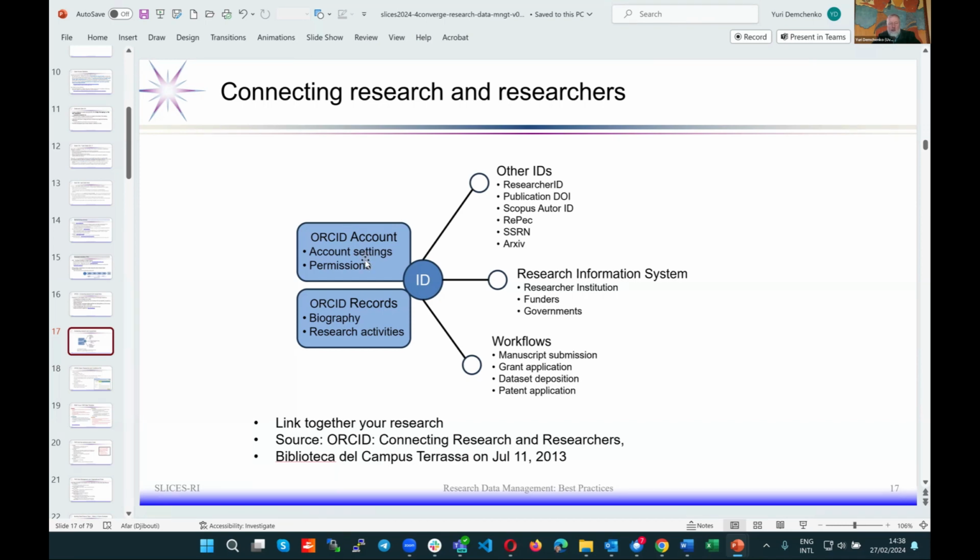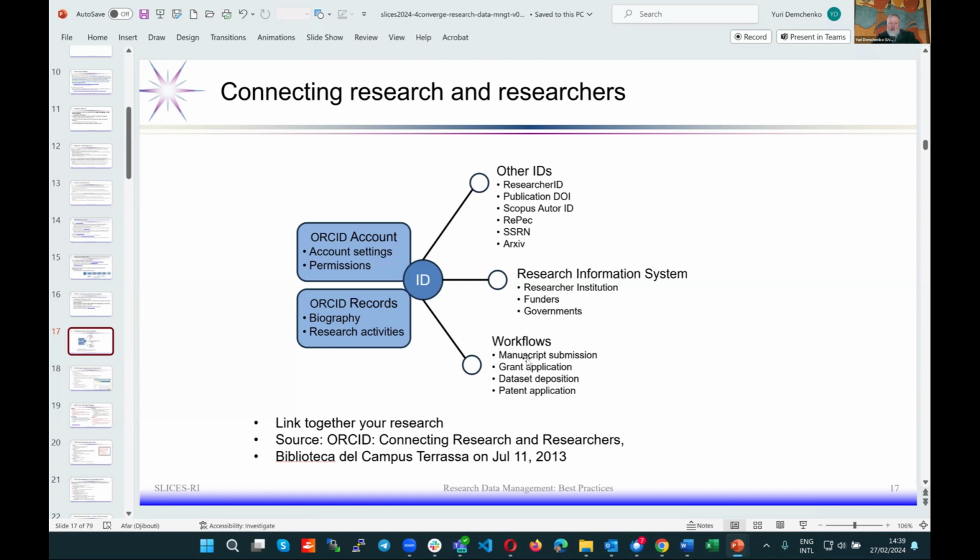I cannot give you an example immediately, but you can try to investigate yourself and see how it looks. There is a so-called research information system that includes different types of services, like research institutions, funders, and governments, and they also link your ORCID ID to all these resources, projects, or processes.